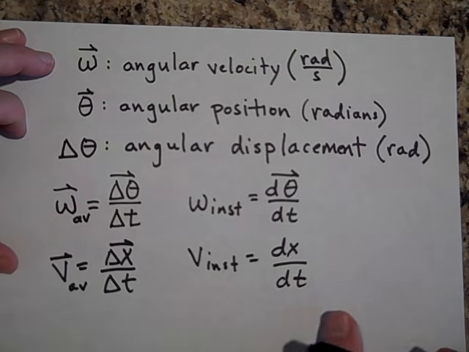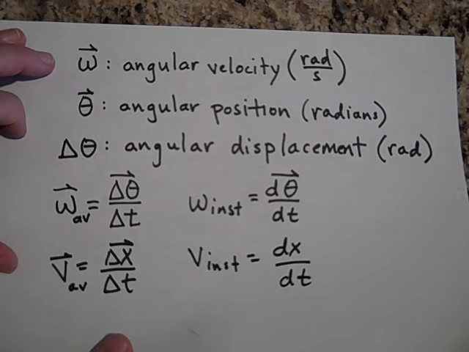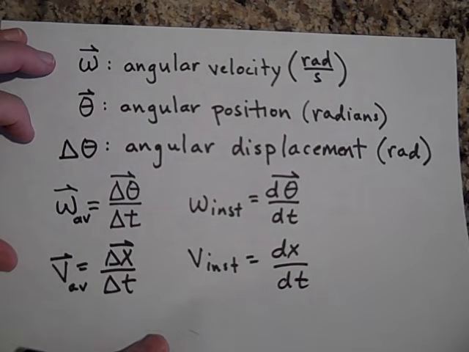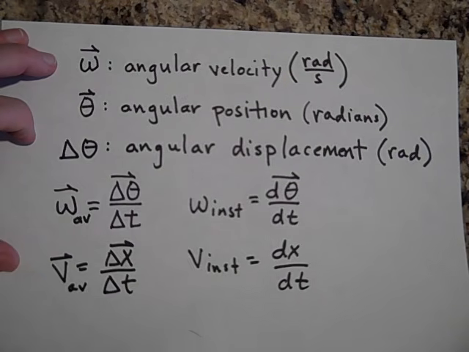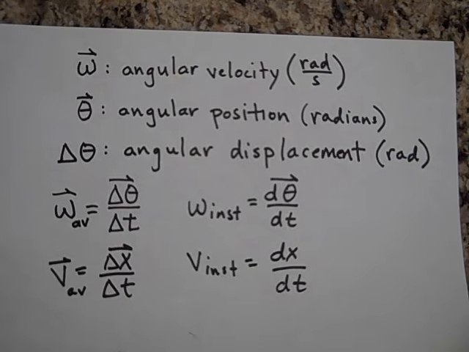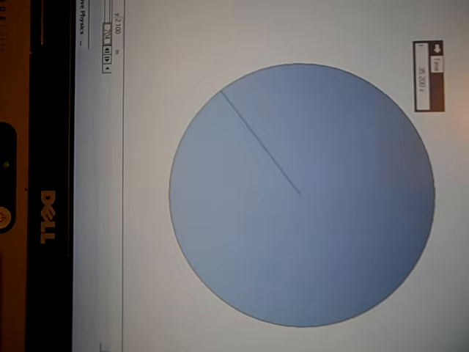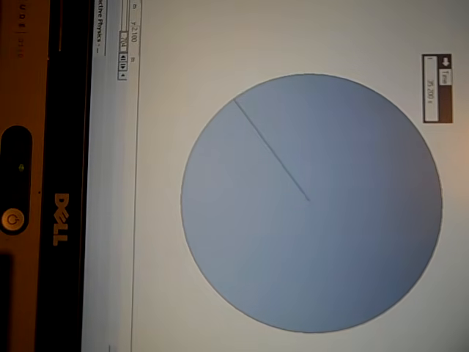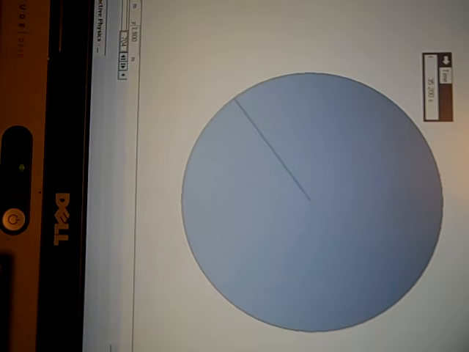Now, as you probably are going to guess, there's also angular acceleration. So an object can be rotating with a constant angular velocity, but it can also have an angular acceleration. Let me show you. So here we're back to our circle.